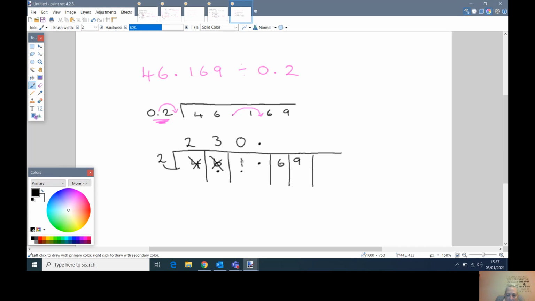So we've got the whole lot left. Where does that 1 go? Wicked. There. 2s into 16 go 8. No remaining. 2 into 9 goes 4, but we have got 1 remaining.